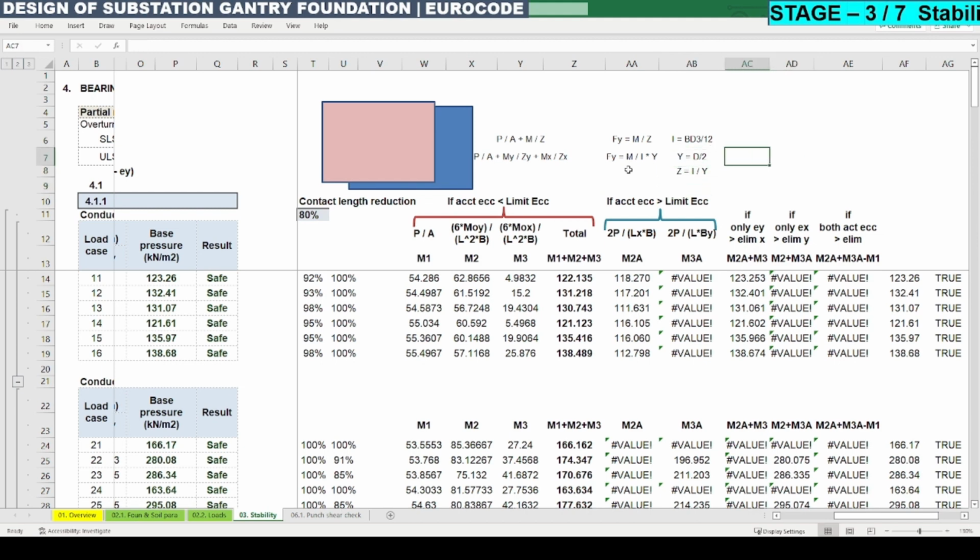So by applying this equation, we will get Z equal to BD square by 6, because BD cube divided by 12, divided by Y equal to D by 2.